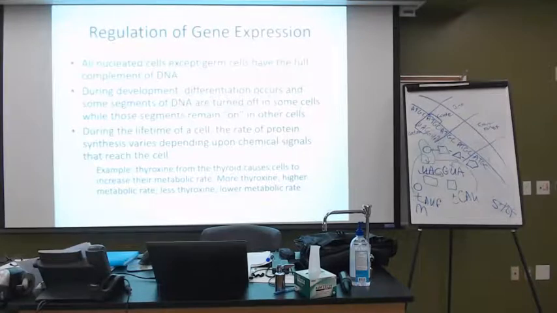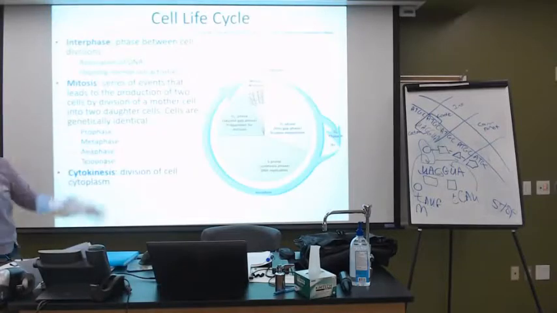It may be that right now, I need that to be produced. And then the body goes, okay, I got enough, and it stops. So not only do we have this regulation for the organism as a whole, we have regulation at each individual cell, if that makes sense. So it's important for the genes to have their regulation.